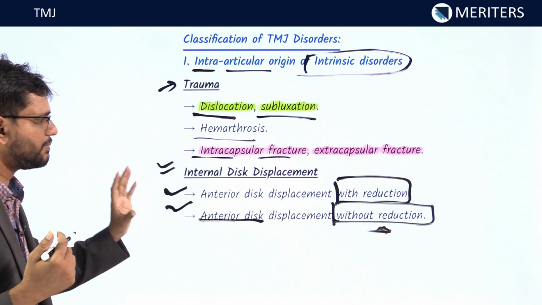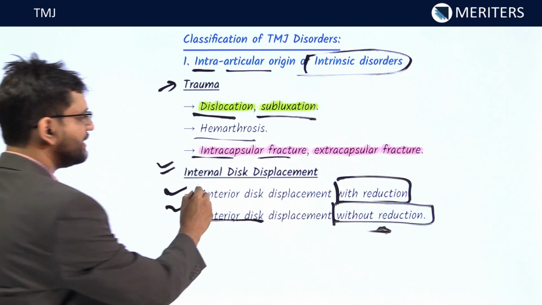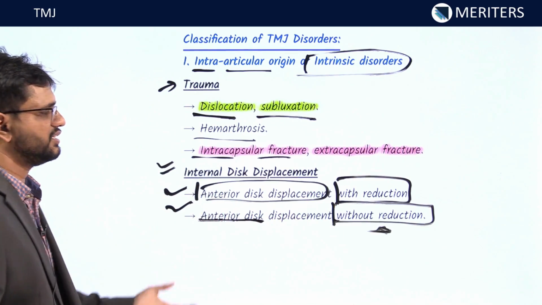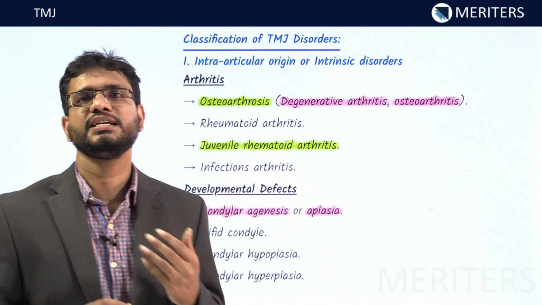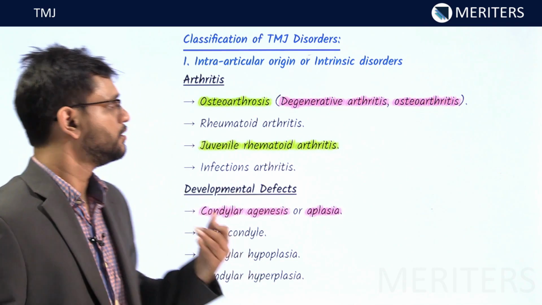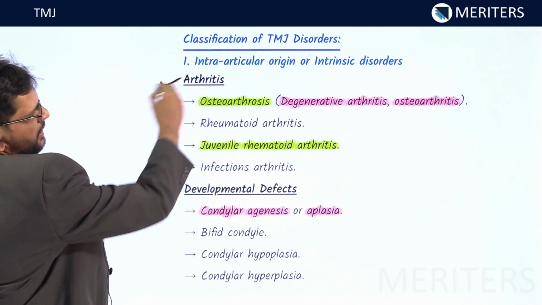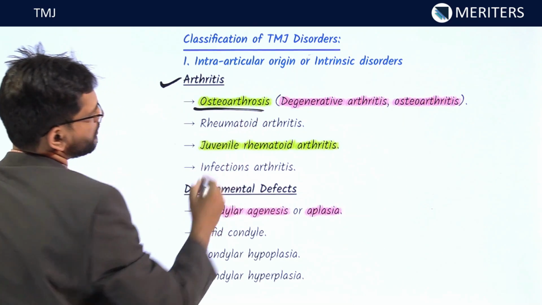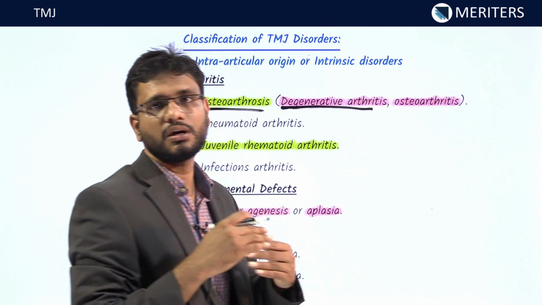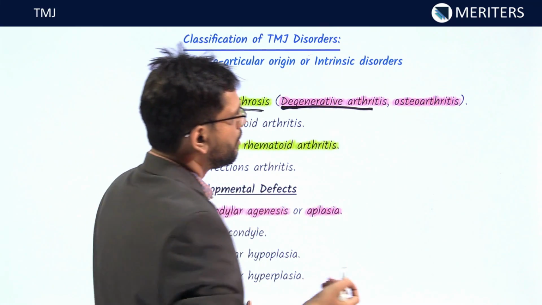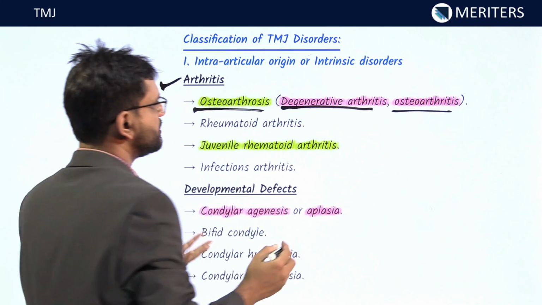So what is going to happen in these? There will, of course, be anterior disc displacement, one with reduction and another without reduction. Now the second thing could be a change in the texture of the bone. What happens if there is arthritis? It can be osteoarthrosis, in which degeneration of the articulating bone may occur, and that is known as osteoarthritis or degenerative arthritis.